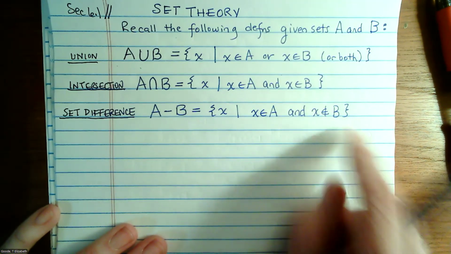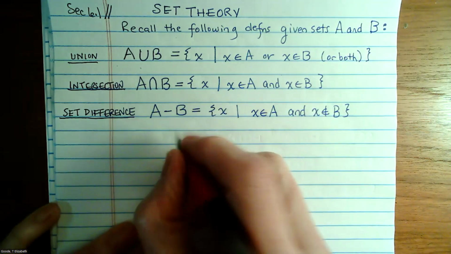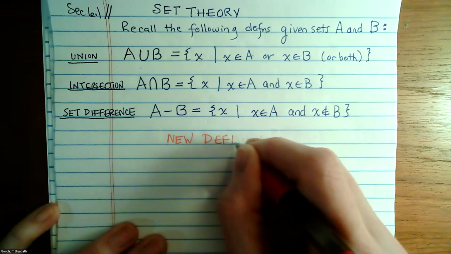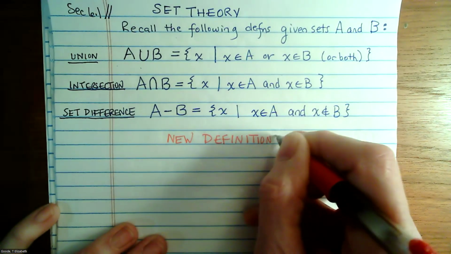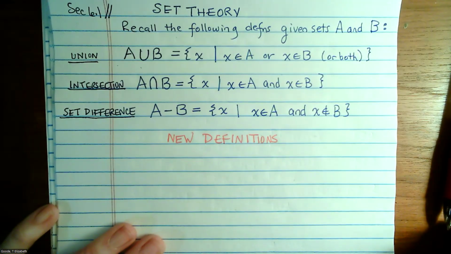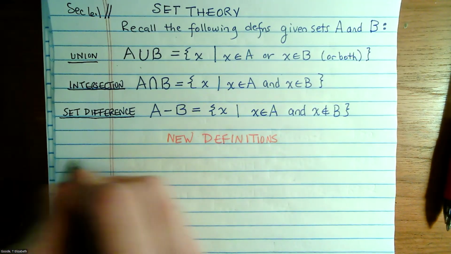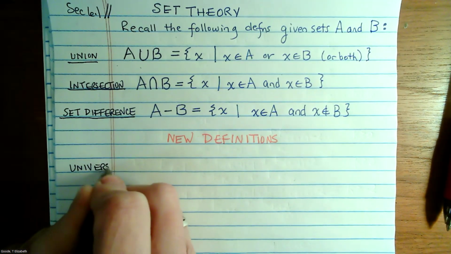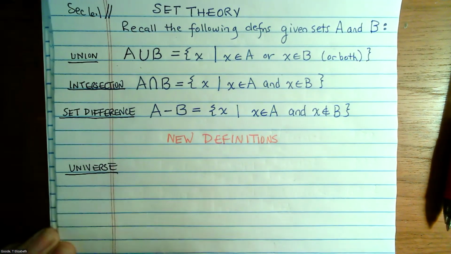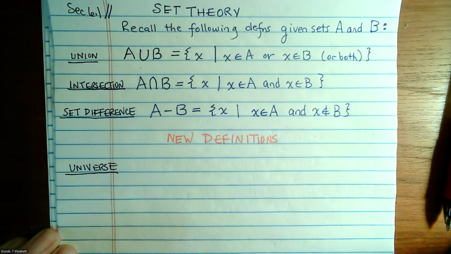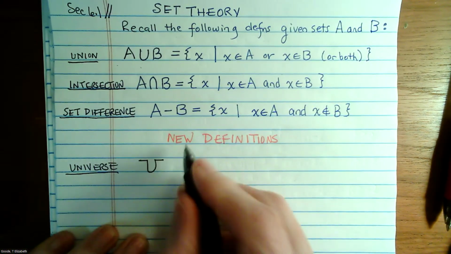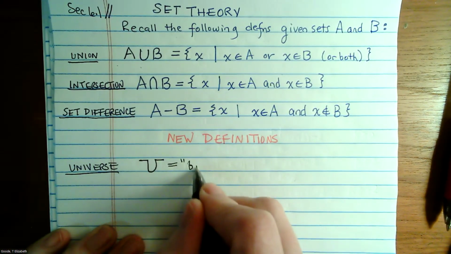to be left with elements that are in A but not in B. We have a couple of new definitions, so we need to discuss the concept of this universal set that I haven't really made apparent. So the universe, or the universal set, is denoted by a U with ears, and in some sense, it's the biggest set around.